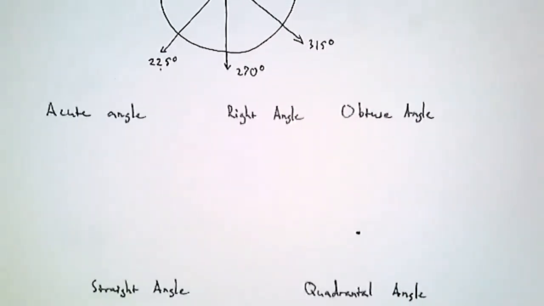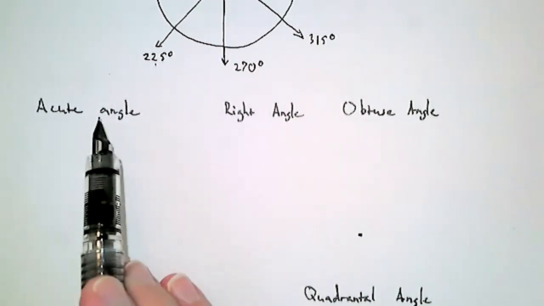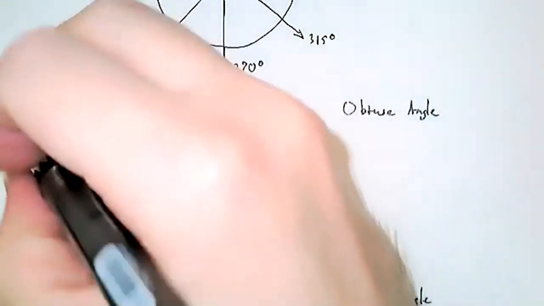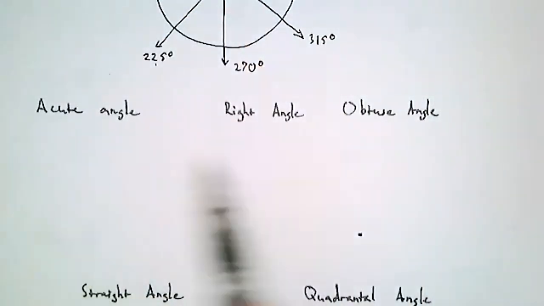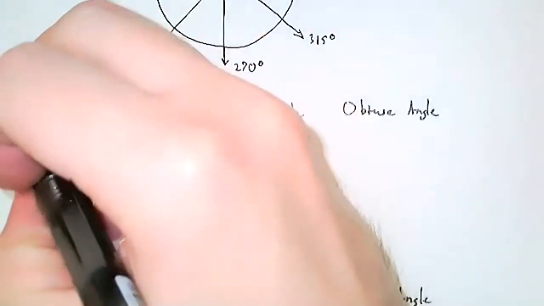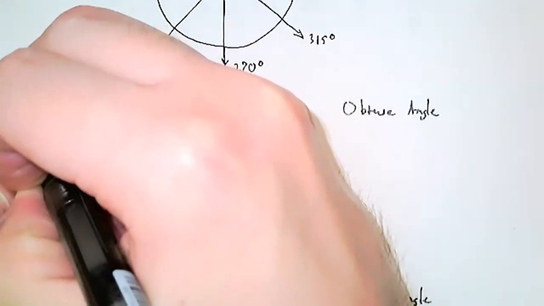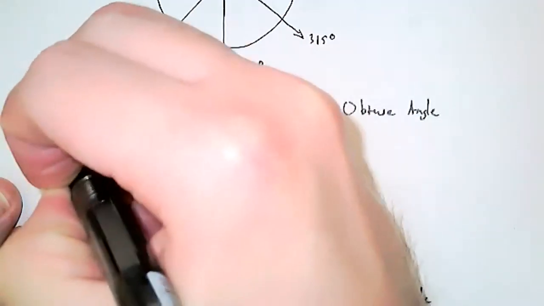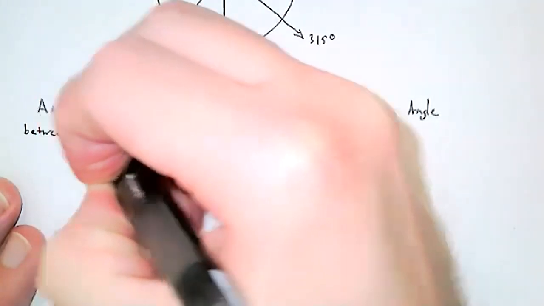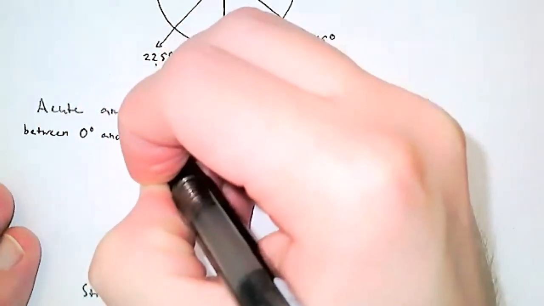Okay, so now that we've seen a few angles, let's talk a little bit more terminology. There's something called an acute angle. And these words have to do with the measure, the degree measure of the angles. Acute angles are between 0 and 90 degrees. And we think of these as small angles.